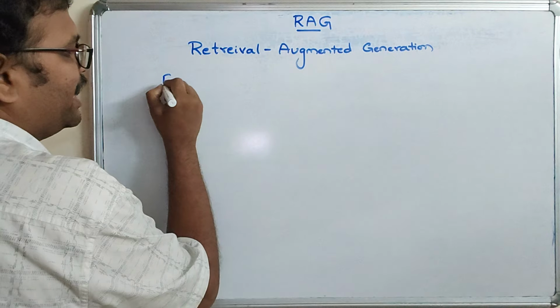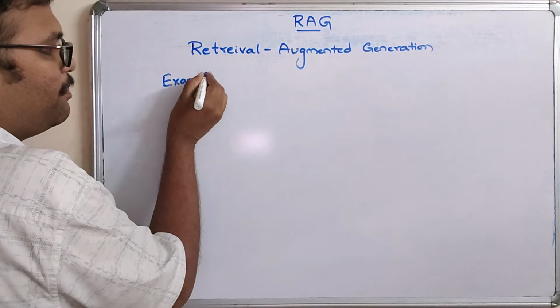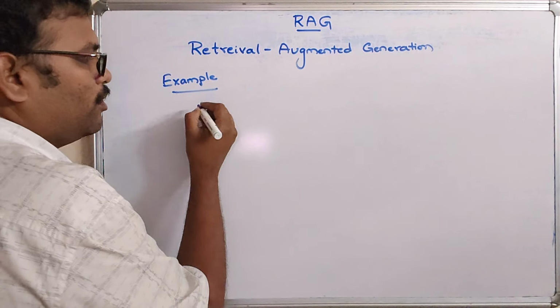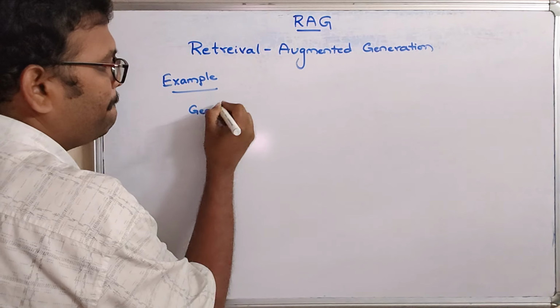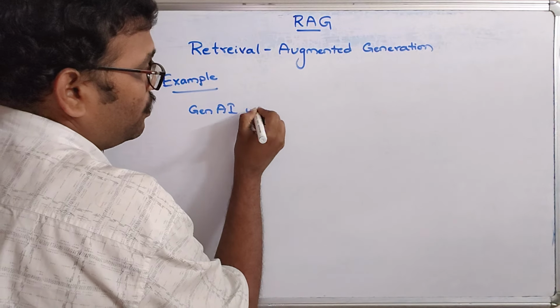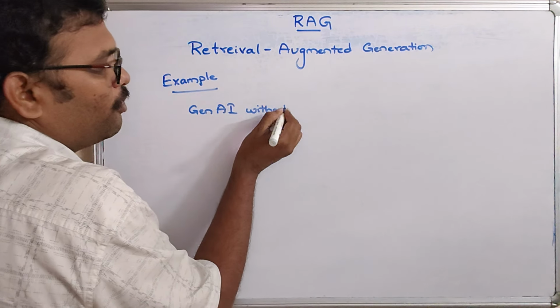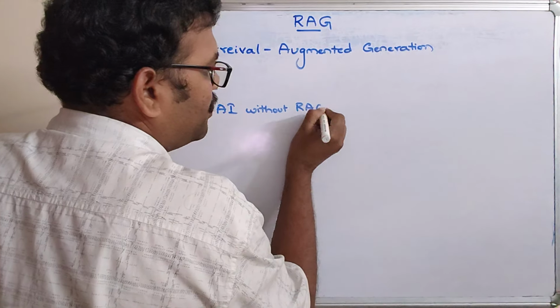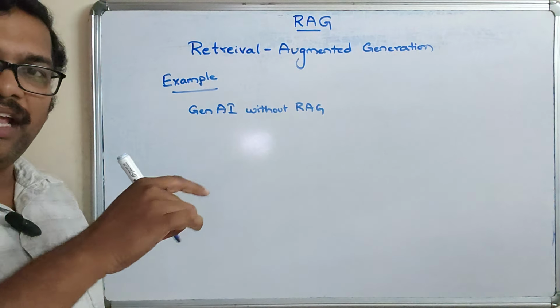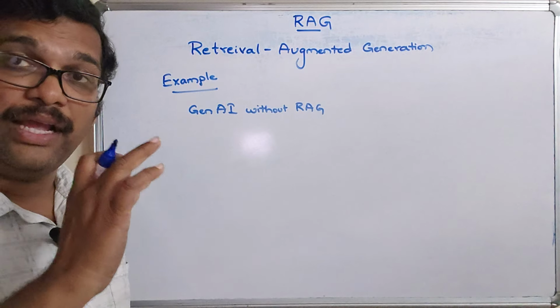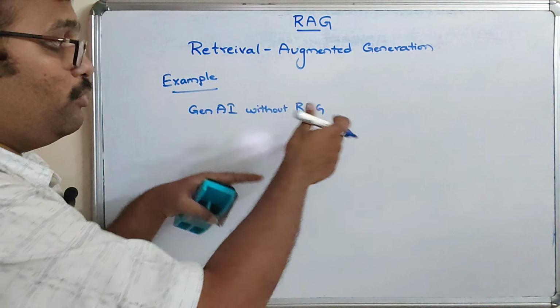Let us take an example for this. Normal Gen AI without RAG means generative AI will also generate the text, but without using RAG.